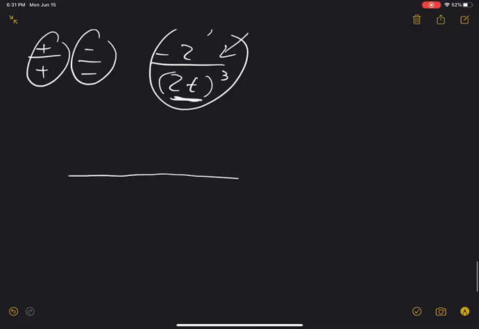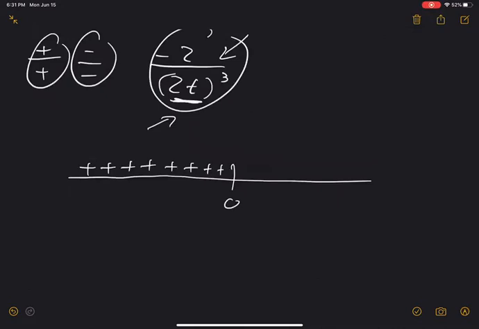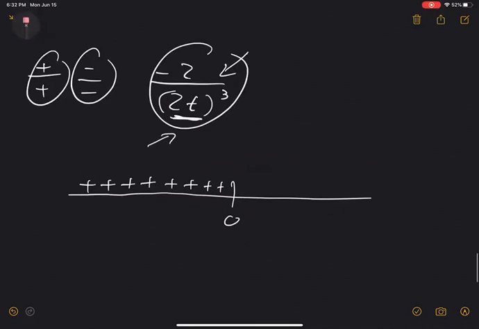So on this number line, to the left of 0, my denominator is negative, and so my entire second derivative is positive. If this isn't making sense, I'll give a more methodical way to do this in a second. On the other hand, when the denominator is positive, I have a negative number over a positive number.